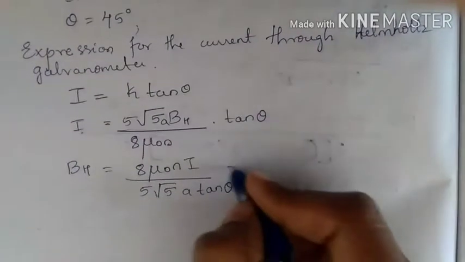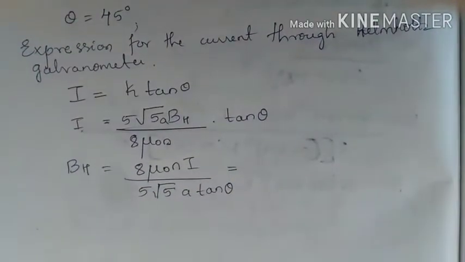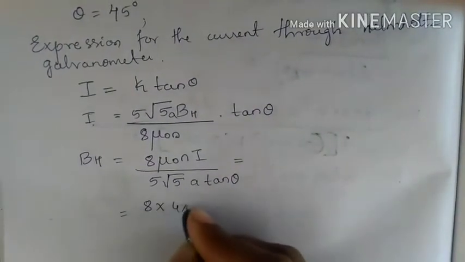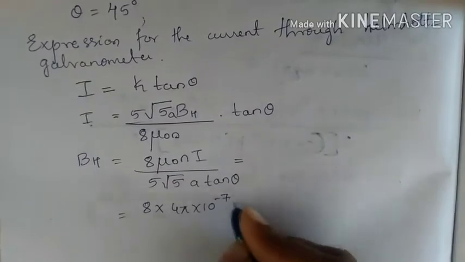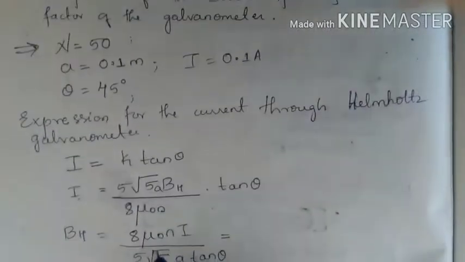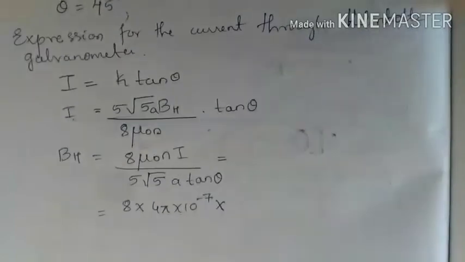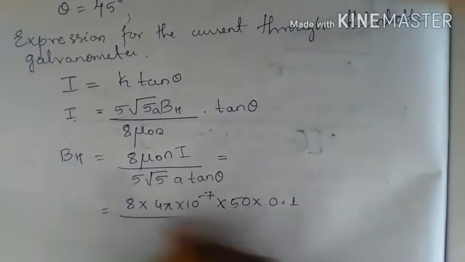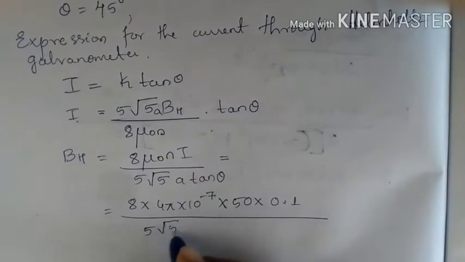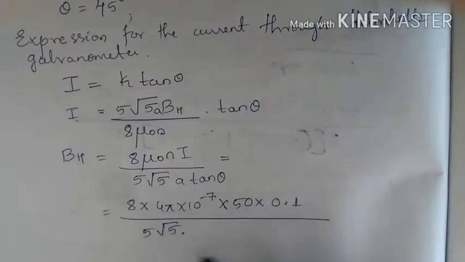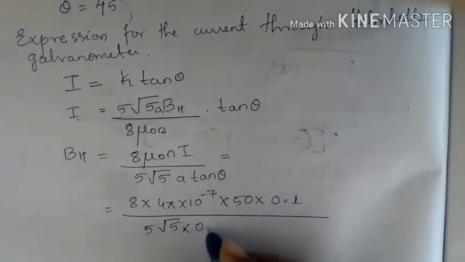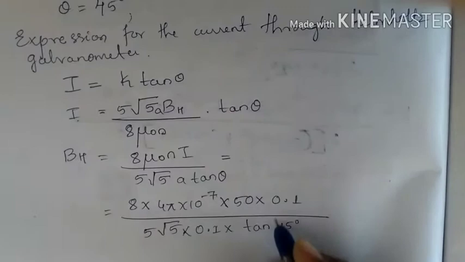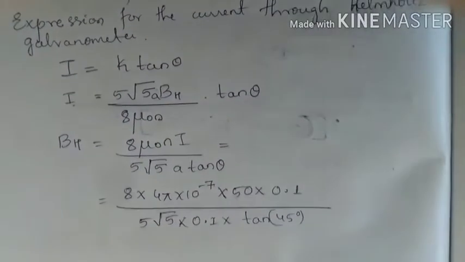So substitute the values. So what do you have? You have 8 into 4π into 10 power minus 7 into n, how much? 50, into current 0.1, divided by 5√5 again A, here we have radius as 0.1, tan 45 degrees. So tan 45 degrees is 1. Clear?